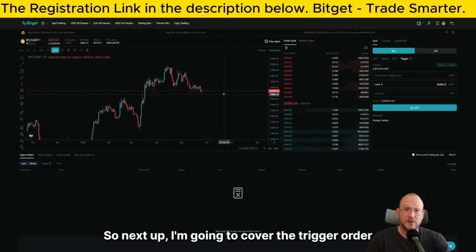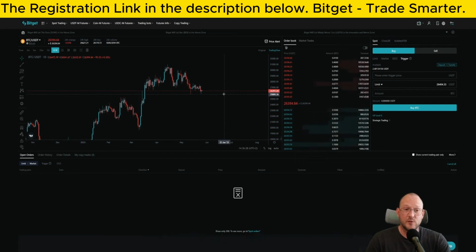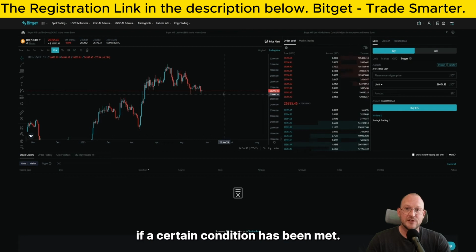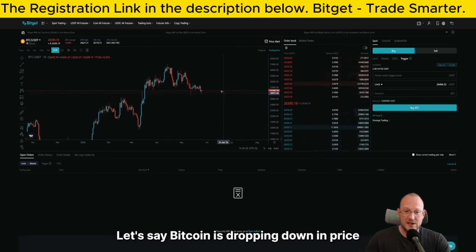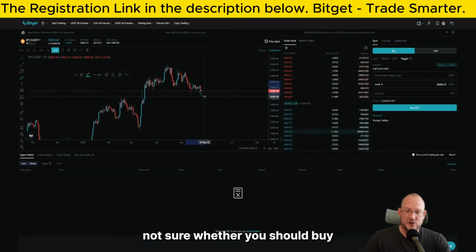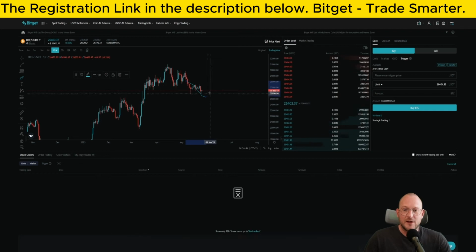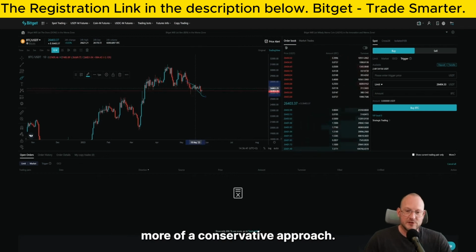Next up, I'm going to cover the trigger order, which is essentially an order type that only triggers if a certain condition has been met. Let's say Bitcoin is dropping down in price and you're at the moment not sure whether you should buy or whether you should do something. Maybe you want to take a little bit more of a conservative approach.